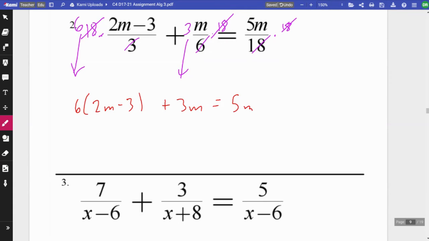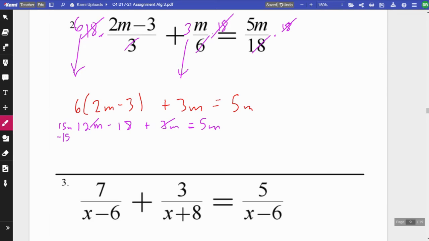Next, to finish up the problem, we just have to distribute, add like terms, solve for the variable. So it's 12m minus 18 plus 3m equals 5m. I'm just going to get all the m's to the right side. 12m and 3m is 15m.